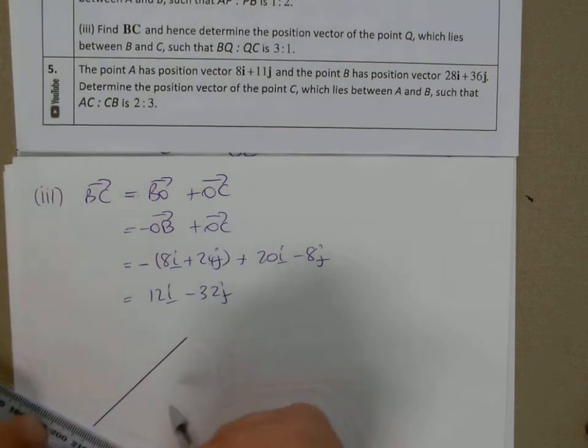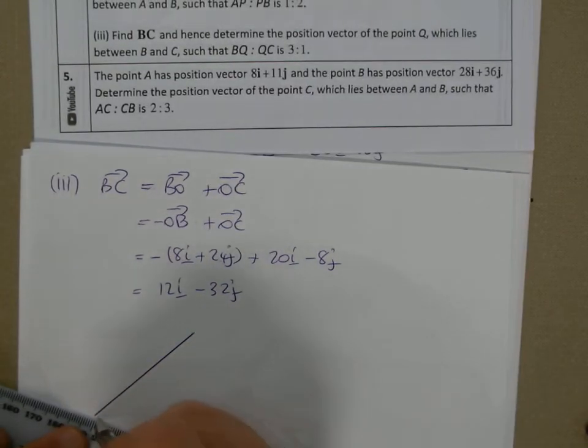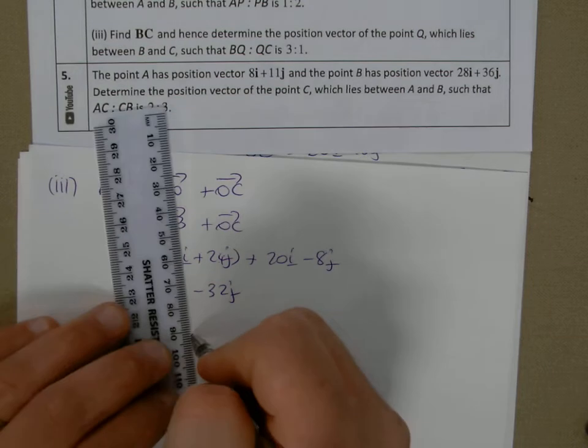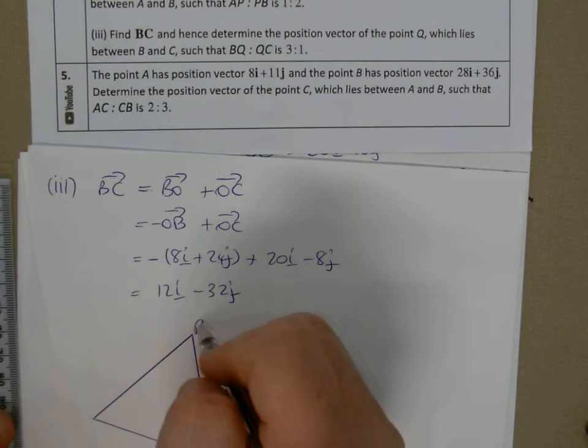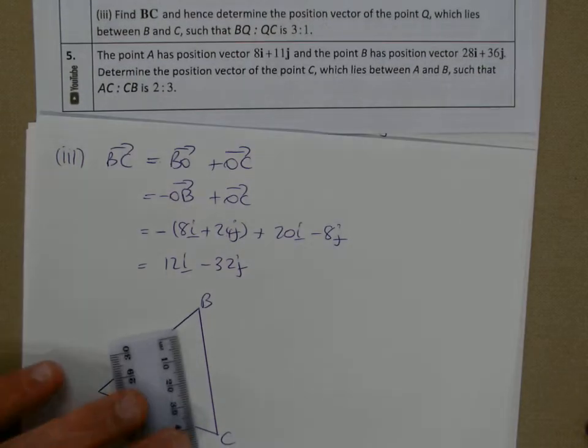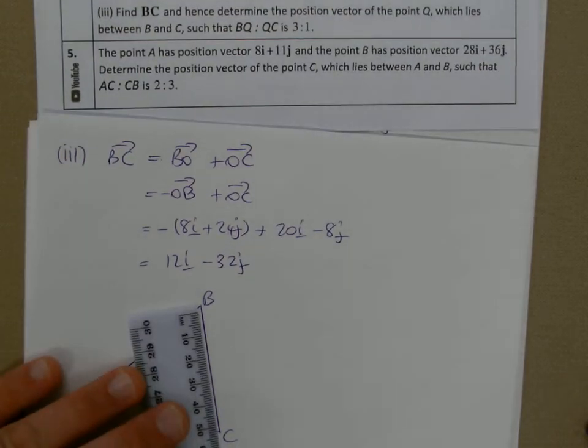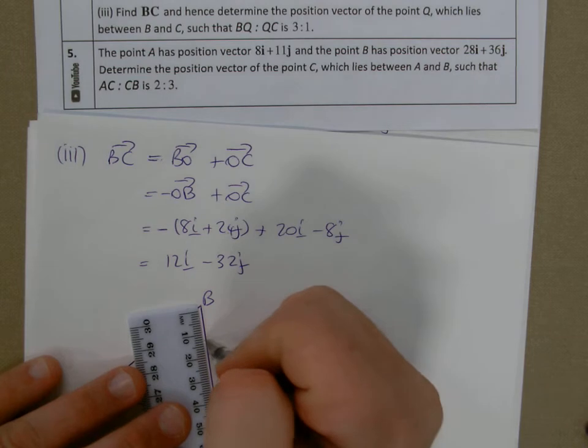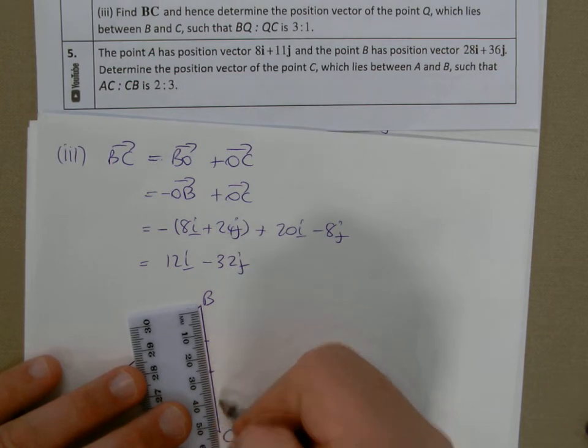But now, with regards to the question, we've got this point Q, which lies on the line BC in the ratio 3 to 1, okay? So what I would do is split this line up into 4, essentially, so I can see it diagrammatically.